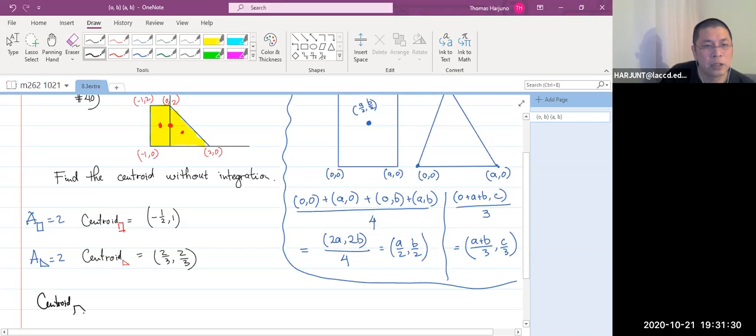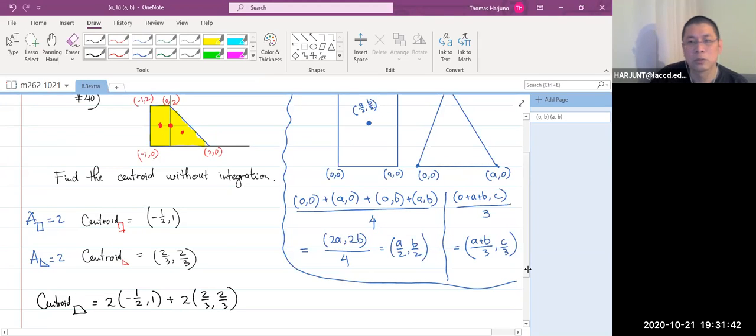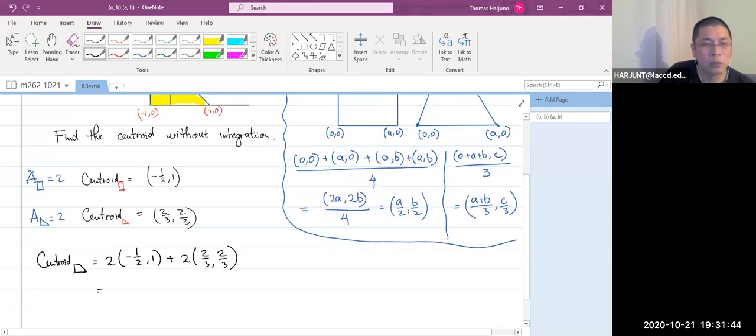of this region here will be 2 times negative 1/2 comma 1 plus 2 times 2/3. So that will be negative 1 plus 4/3 comma 2 plus, no, that's not supposed to be, over 4, over 4. All of them over 4, the total area.